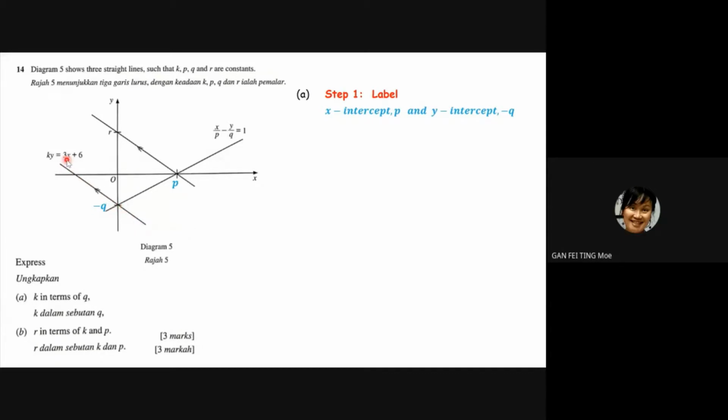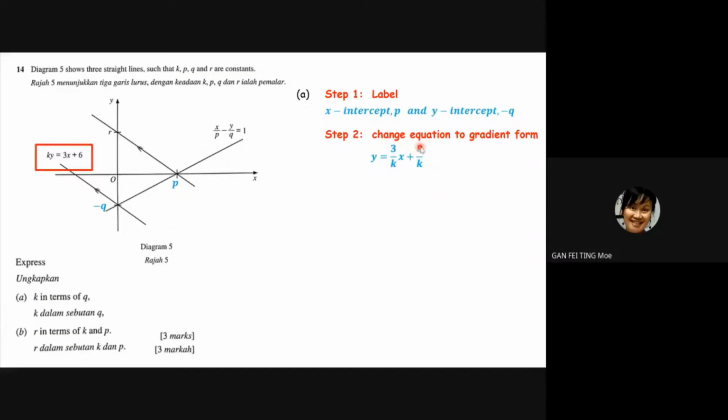It gets connected. But this is not in gradient form, and this is not our intercept. You might take 6 equals negative Q, and then you are wrong. You can't, because K is a number. For gradient form, the coefficient of y should be 1. So you have to change this into gradient form.